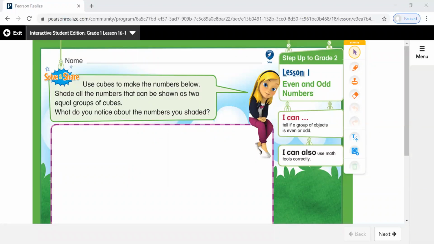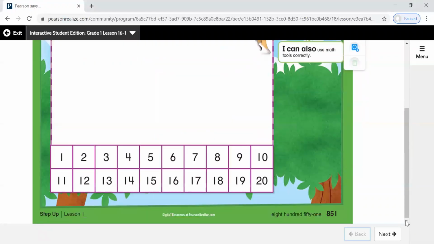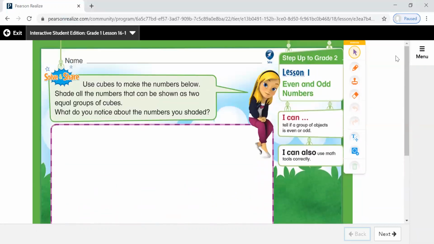If I have these numbers from 1 to 20, and I want to know if these numbers are even or odd, let's start with number 1. How can I know if number 1 is even or odd?